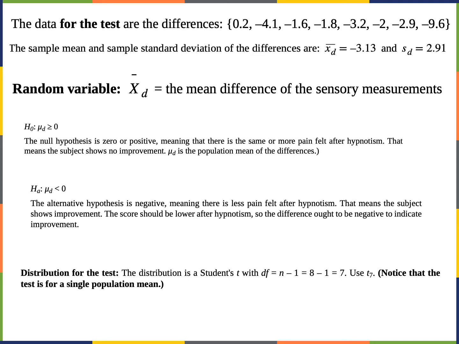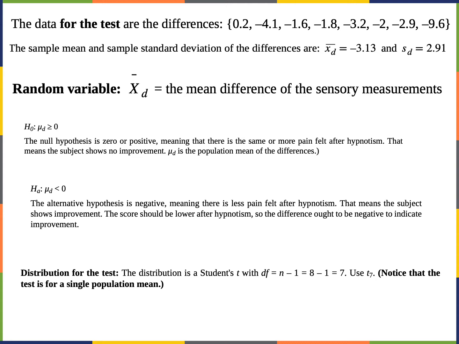The sample mean and the standard deviation we can find when we do the test, or when we do one variable stats. The random variable is a mean difference, since we're finding the mean of the differences.